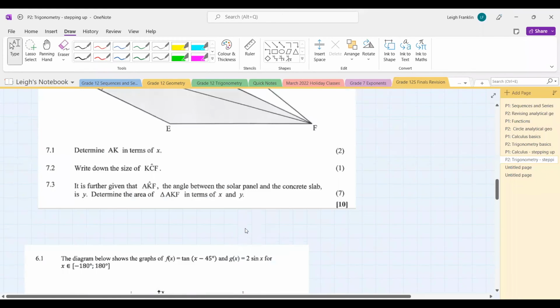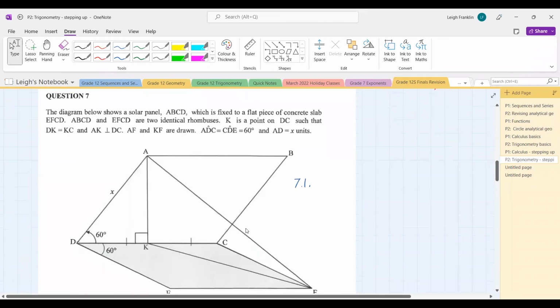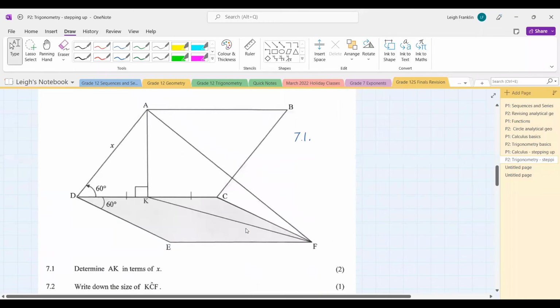Okay, so now let's go back up to this question over here and determine AK in terms of x. So AK is a side in a triangle. Is the triangle right angled? It is, because it's triangle AKD.